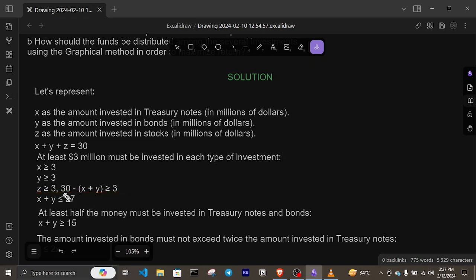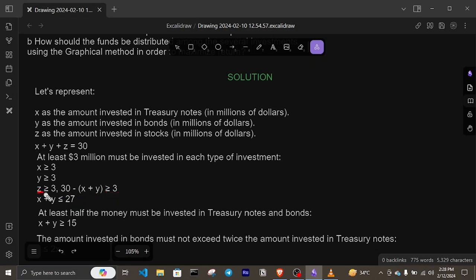Since we know that X plus Y plus Z is equal to 30, if I add X plus Y and subtract from 30, it should give me the value that is greater than or equal to 3. So another way of representing Z greater than or equal to 3 is 30 minus the sum of X plus Y greater than or equal to 3.